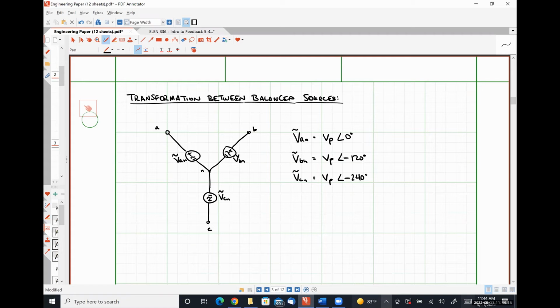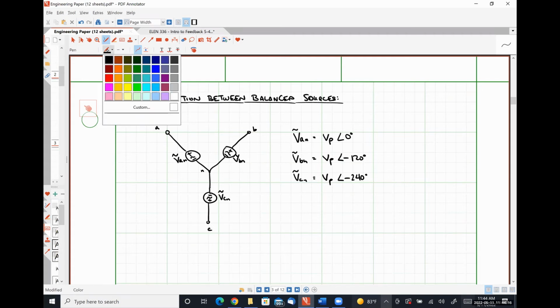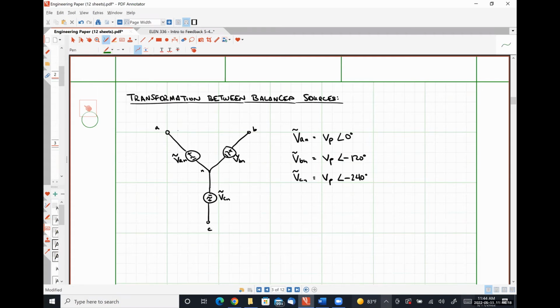So for example, if I want to determine the line voltage VAB, what would I need to do? Exactly right. We can apply Kirchhoff's voltage law around this top triangle.